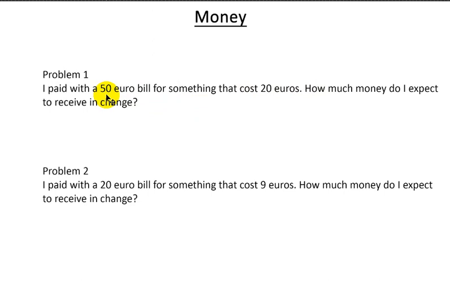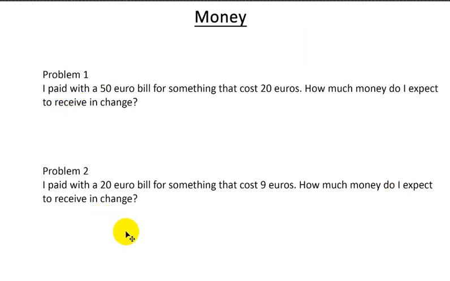What would happen? I can't buy it. I have to have exactly 20. No, I can give 50 euros to pay for something that costs 20, but I need to get back what's called change.